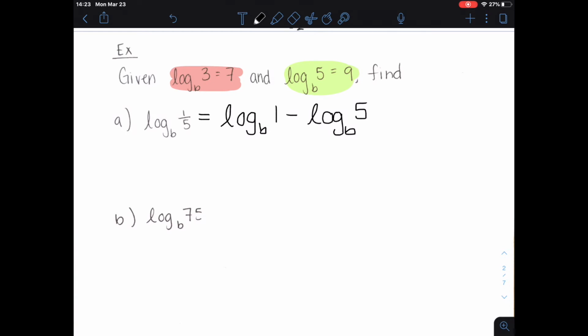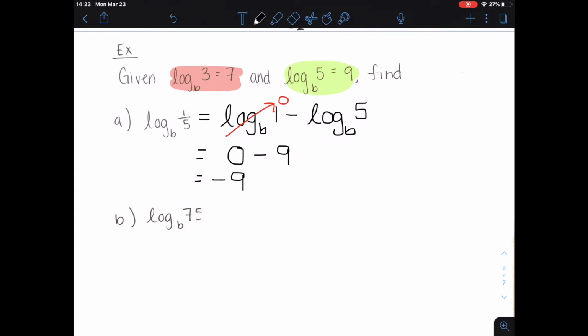Okay? So because of that, log base b of 1 just becomes 0. And we know what log base b of 5 is. So this is equal to 0 minus 9, which just equals negative 9.